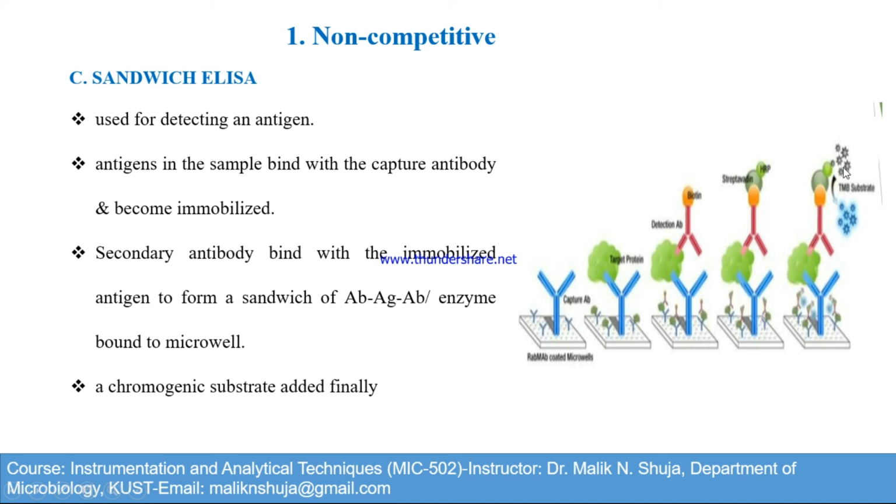After the addition of substrates, the enzyme converts the TMB into a chromogenic product. So here we can see the antigen is sandwiched between primary antibody and secondary antibody.